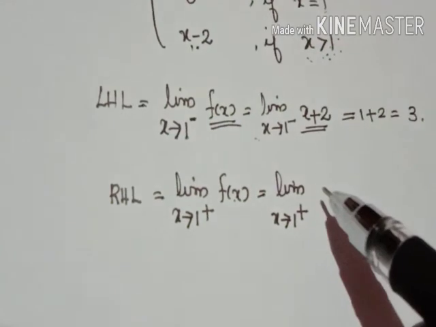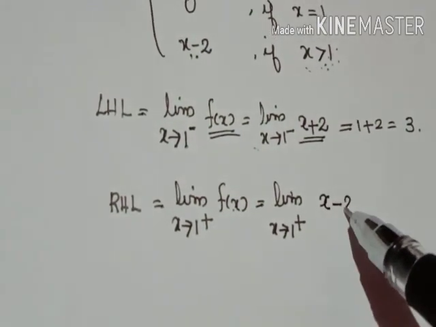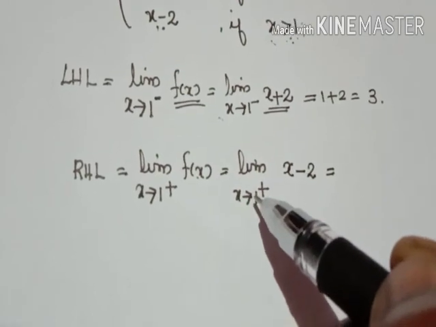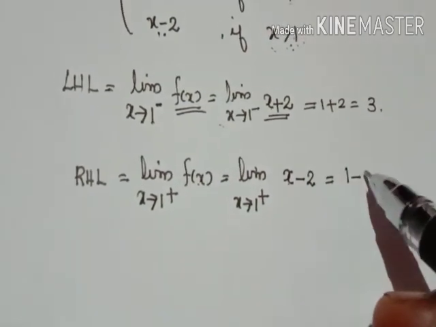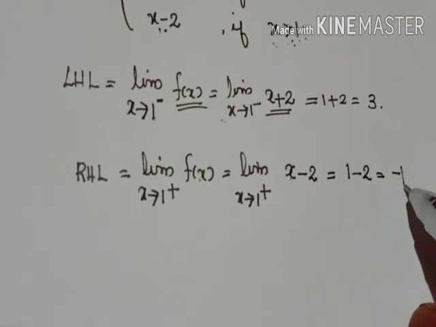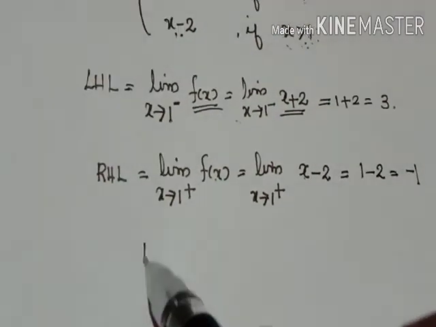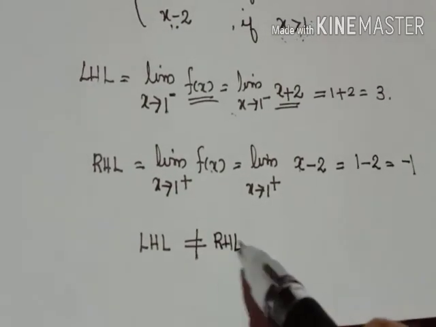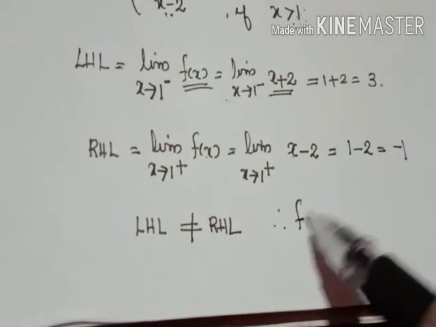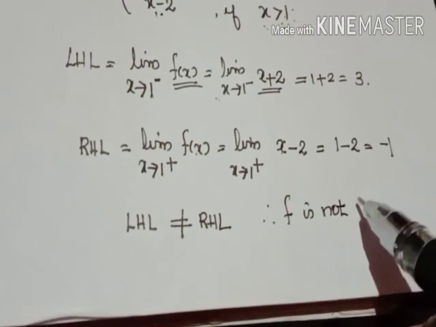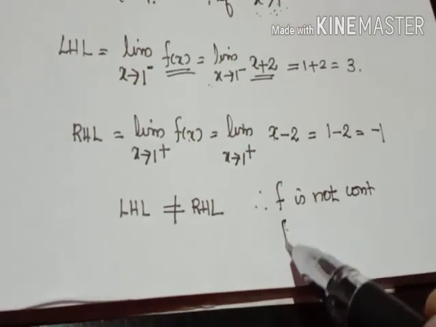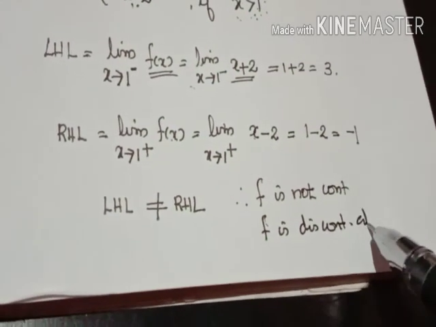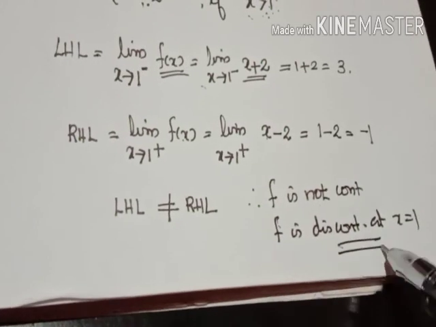So replace f of x as x minus 2 and then apply the limit. Put x equal to 1 here. 1 minus 2 equal to minus 1. So here the left hand limit is not equal to the right hand limit, and therefore the given function is not continuous. Or the given function f is discontinuous at the point x equal to 1.